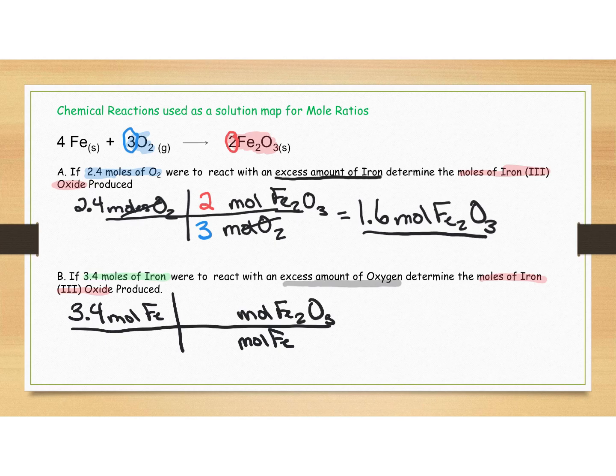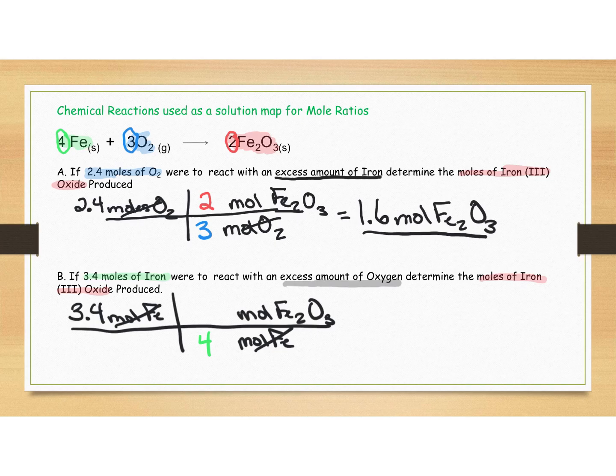The reason I put the moles of iron in the bottom, dimensional analysis, I'm able to cancel those out. Okay, which one is my iron up here? Just iron by itself, I have a coefficient of a 4 in front of it. So where does the 4 go?